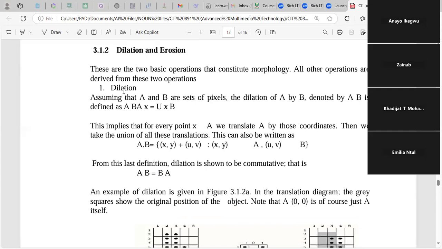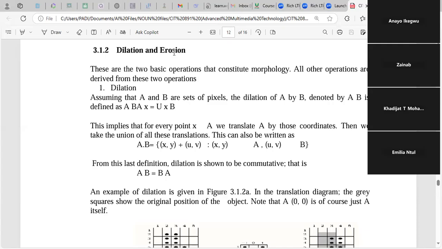So now we'll talk about dilation and then erosion. The two operators that constitute morphology are what? Dilation and erosion. Those are the two operators that constitute the morphology of an image. And note this, it always appears in your exam.